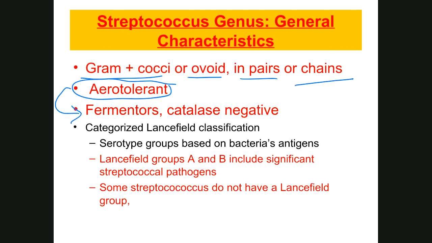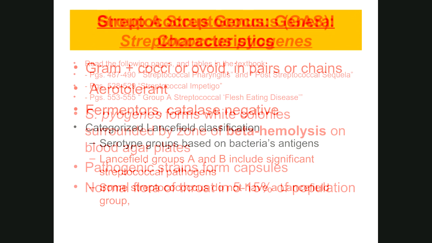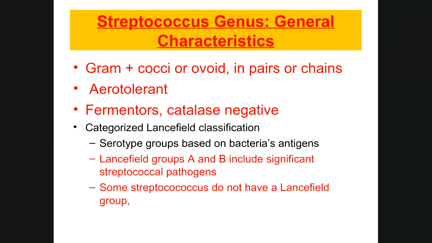They can only ferment sugars, and they are catalase negative. That's the reason why they're aerotolerant. Okay, so those are the general characteristics. And a good way to distinguish a Staphylococcus from a Streptococcus is the catalase test. That's a really, really important, quick, easy test to identify whether you have one genus or the other.